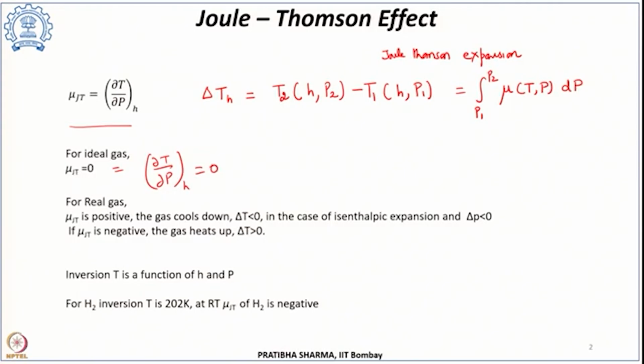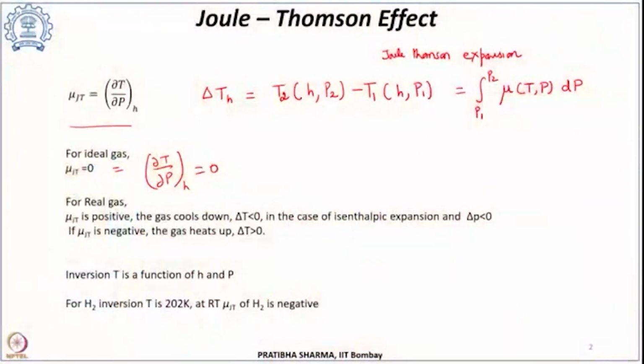However, when we consider a real gas, in contrast to the ideal gas, there is an attractive or a repulsive interaction that acts between the molecules of the gas, and a change in temperature occurs when there is a change in pressure.